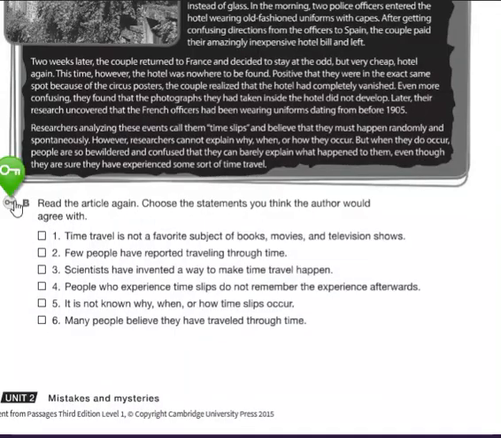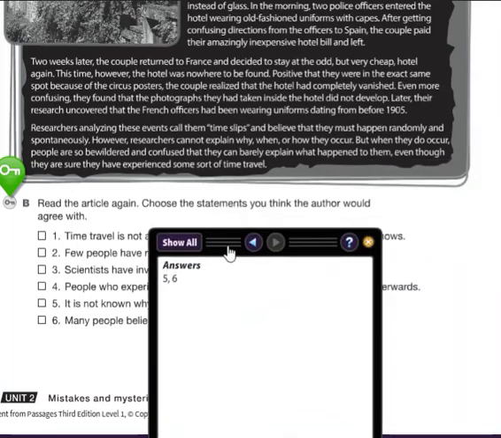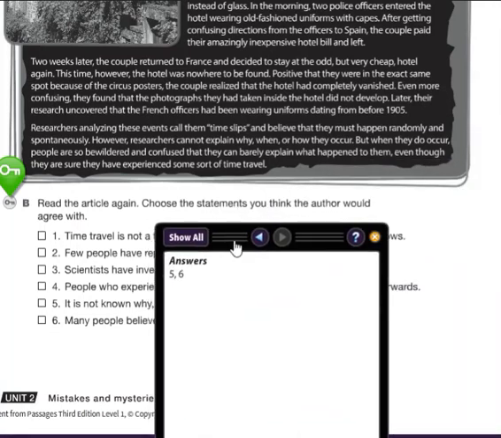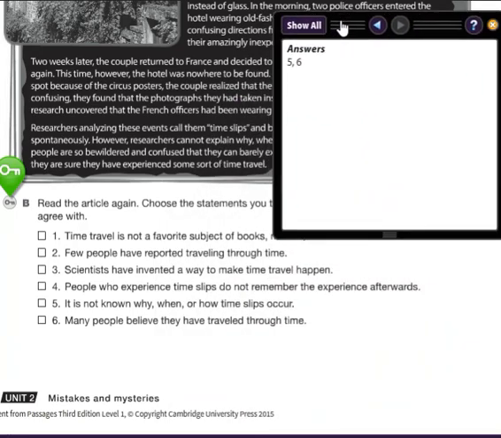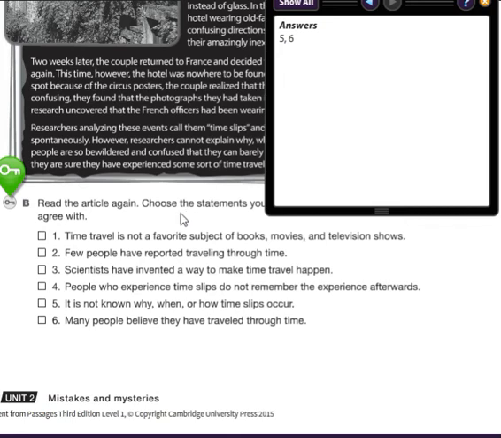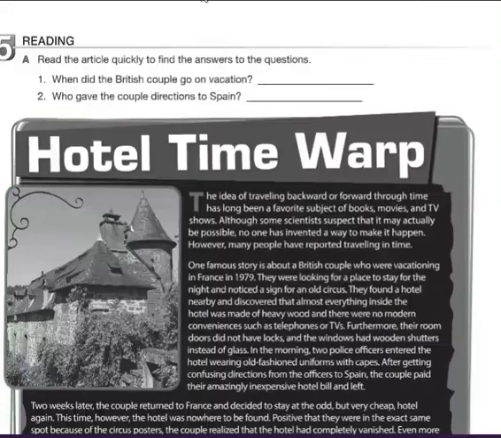And here you go. So they're the right ones to choose the statement you think the author would agree with. So according to the reading, it's 5 and 6. It is not known why, when, or how time slips occur, and many people believe they have traveled through time.